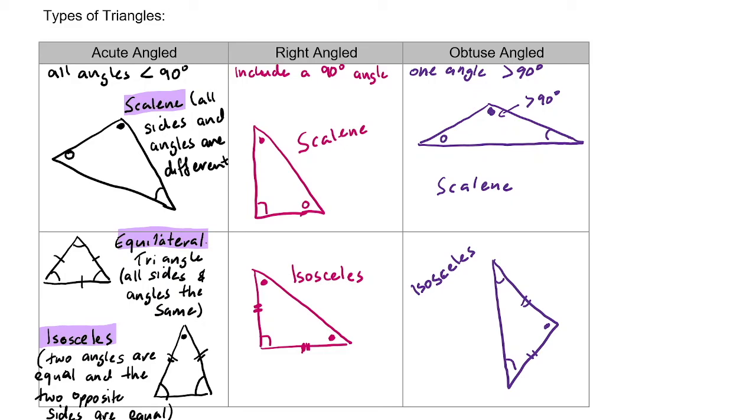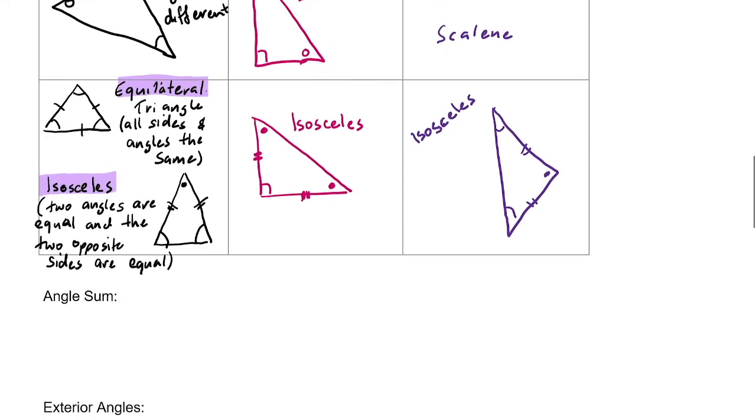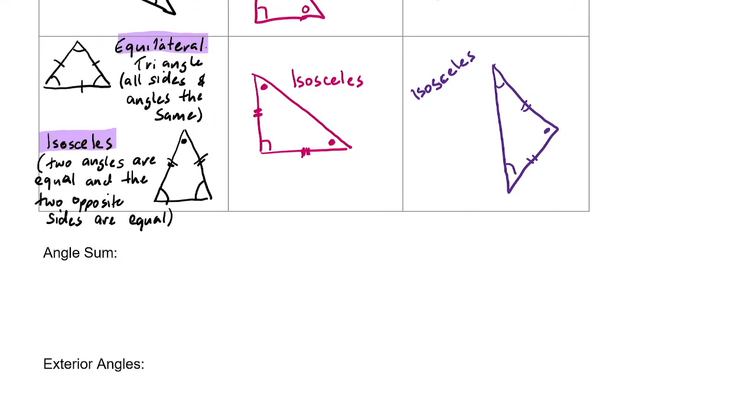Just a couple more things before we finish this video. The angle sum: you do need to be aware that the sum of the angles in a triangle is 180 degrees.